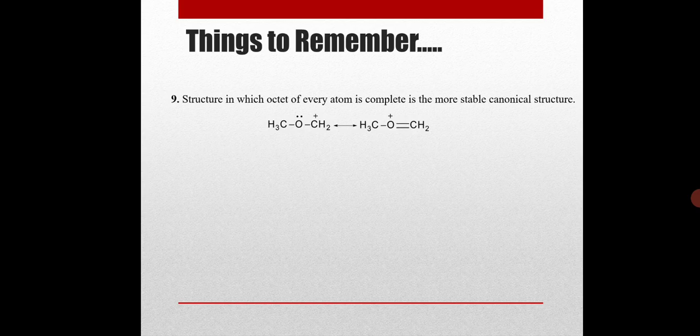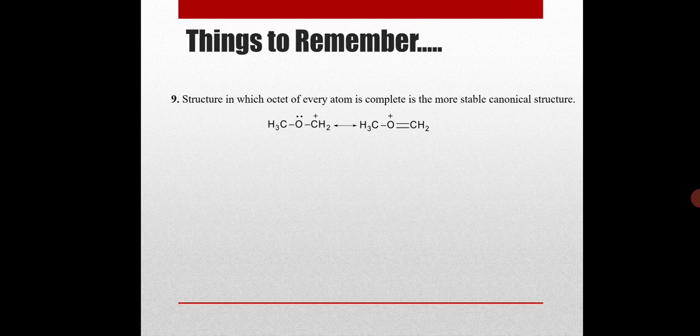Yes, this is an example in which the positive charge on the carbon is in conjugation and can enter into resonance with the lone pair electrons on oxygen. When the lone pair electrons on the oxygen are donated, we reach this structure.